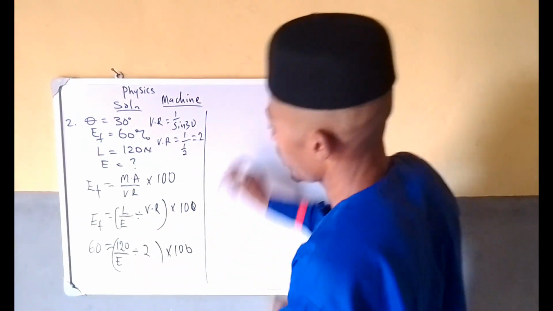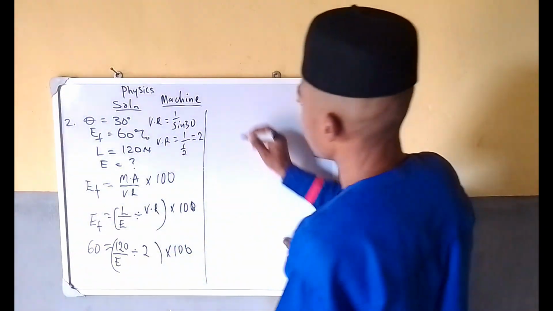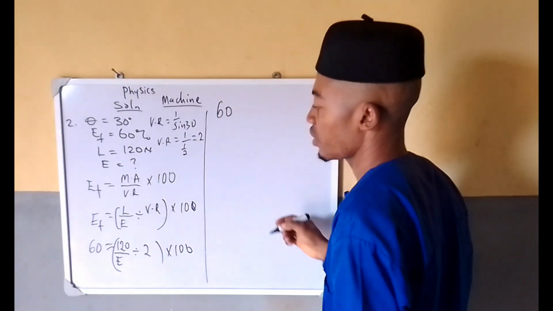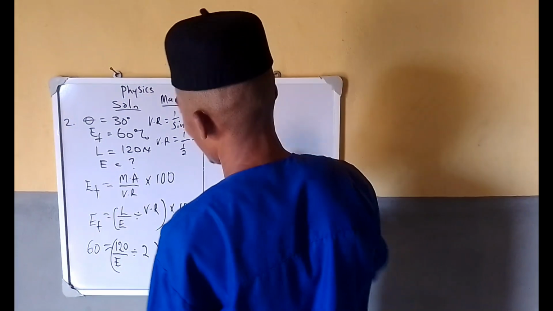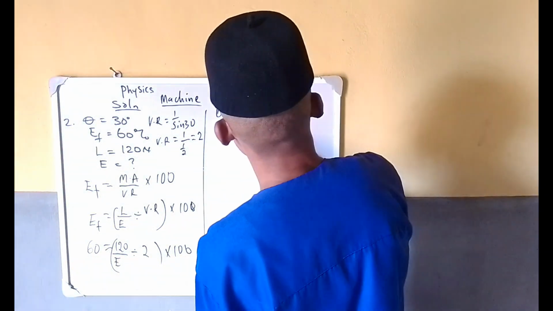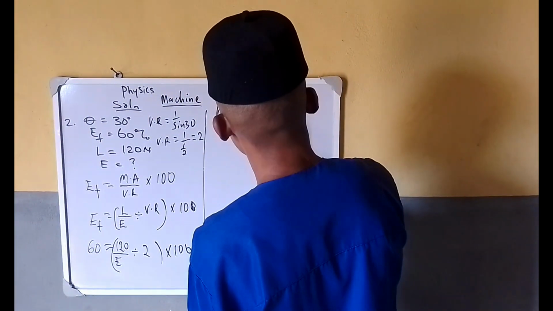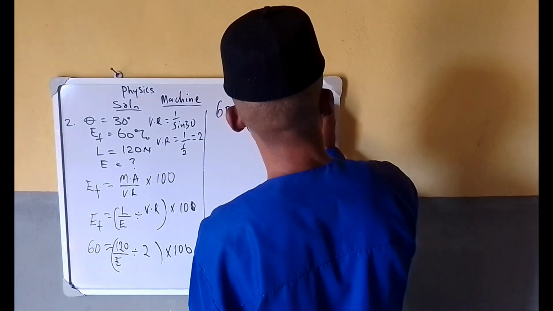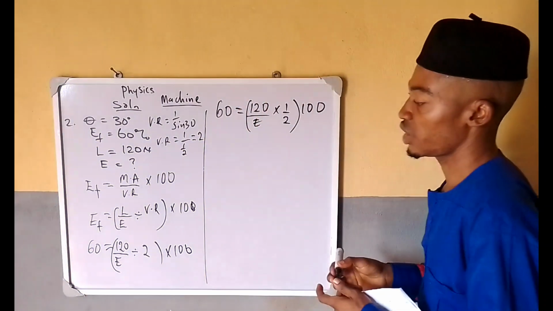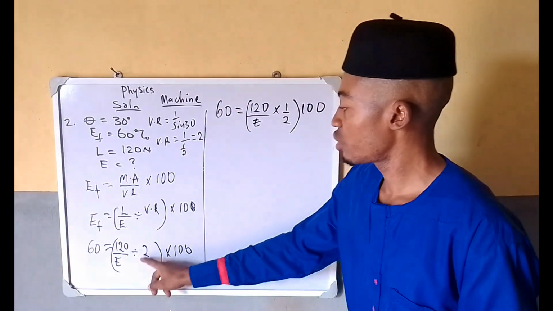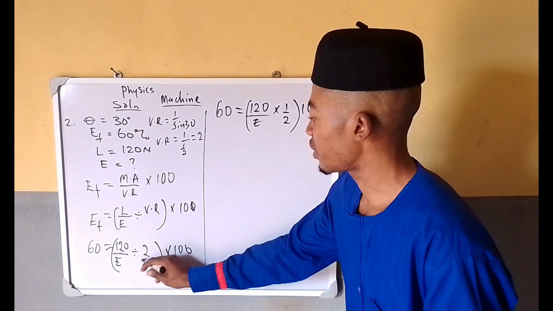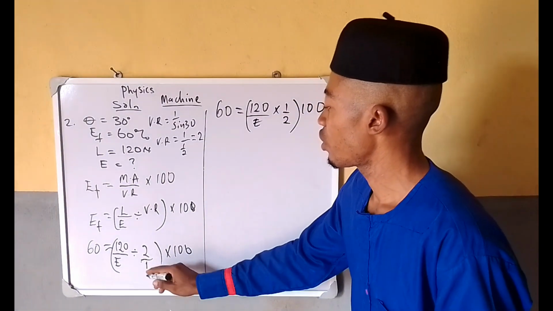So here we can deal with this expression. This is going to be 60 equal to 120 over E times 1 over 2 times 100. I change this division to multiplication, then the 2 is inverted and becomes 1 over 2.